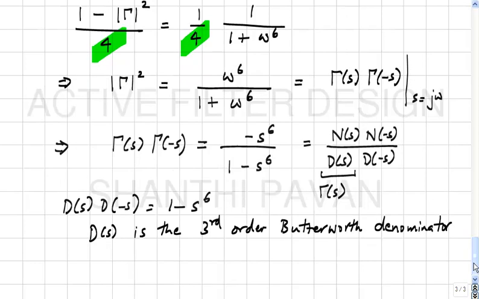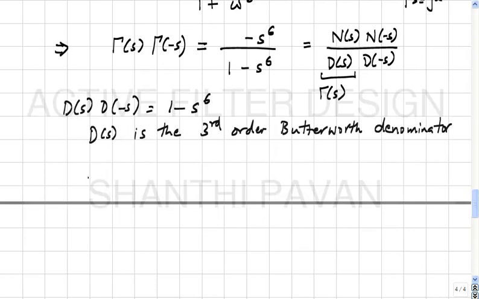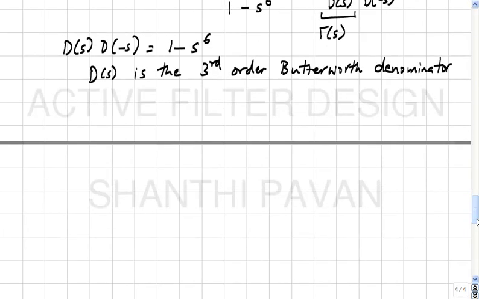Is that clear? Does somebody remember what the third order Butterworth denominator is? D of s is (s plus 1) into (s square plus s plus 1).